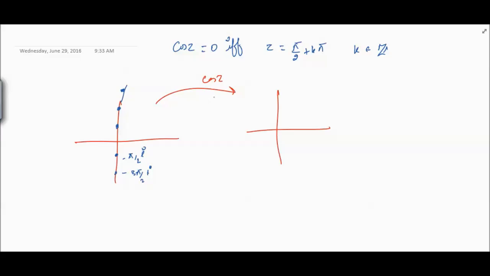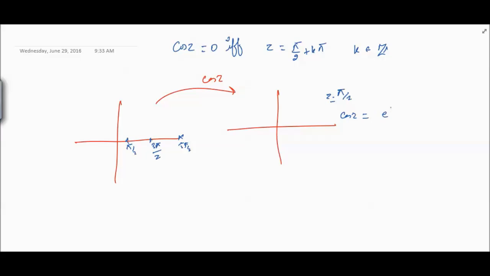Okay, I'm sorry, these are not on the imaginary axis, these are on the real axis. These zeros are on the real axis. So you have these zeros here: pi by 2, and then 3 pi by 2, and then 5 pi by 2, and so on. You can actually check. When you have z equal to pi by 2, what is cos z?